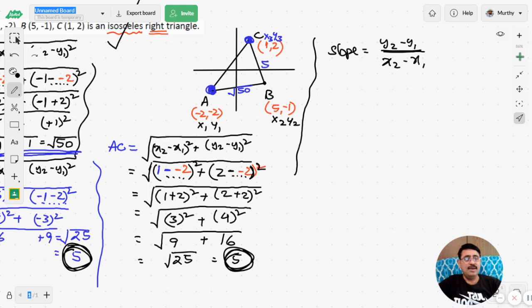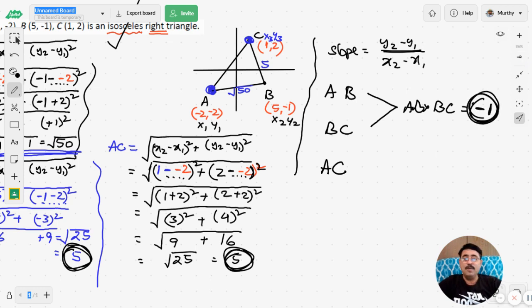So here, find the slope of AB. Next, find the slope of BC. Find the slope of AC. You'll see that the product, please multiply and see. When you multiply AB times BC equals -1, please remember, if the product is -1, then they are perpendicular to each other. Suppose you are not getting it, try multiplying BC times AC.